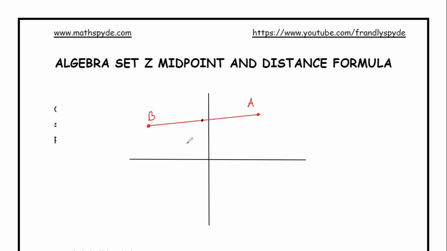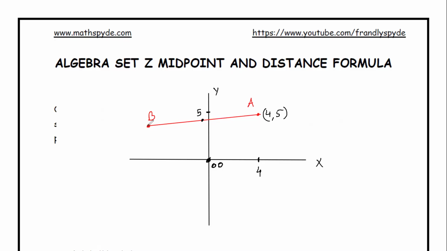What we are here to do is find the coordinates of this point on a two-dimensional XY plane. This is your y-axis, this is your x-axis, and this is the origin, 0, 0. The first number is the x coordinate and the second is the y coordinate. Suppose A was positive 4 and positive 5, so 4 on the x, 5 on the y.